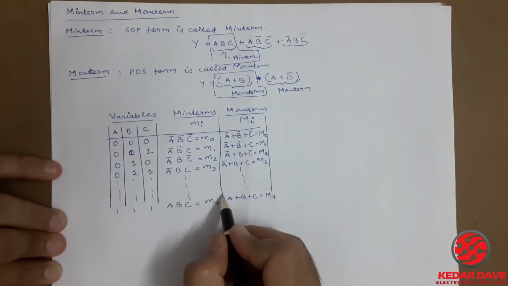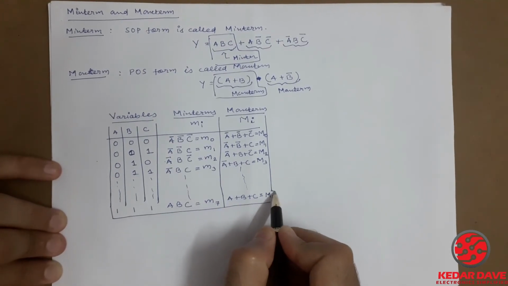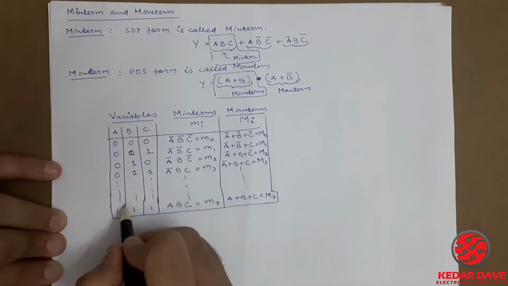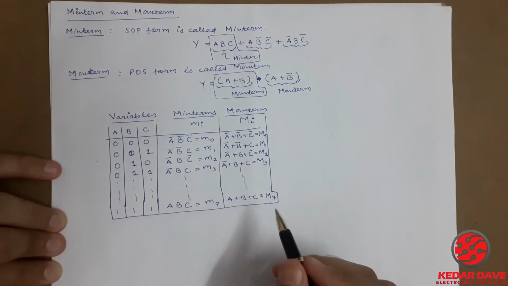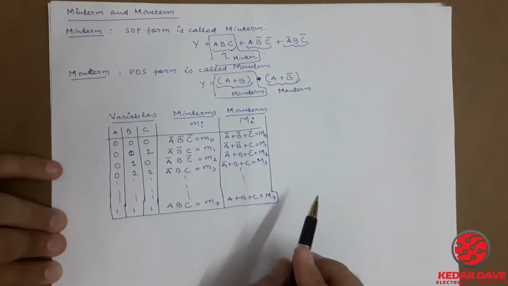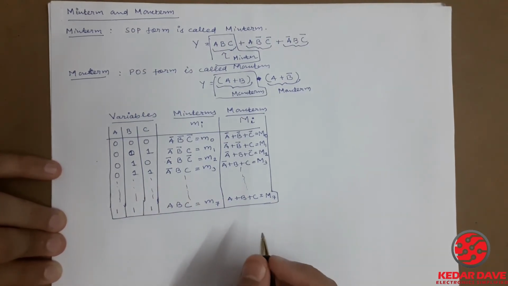So this way it can be represented, and this way the minterm and maxterm concept are being used for the Boolean expression simplification. So this is called as the minterm and maxterm for the digital electronics subject.